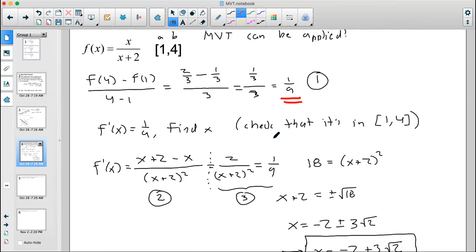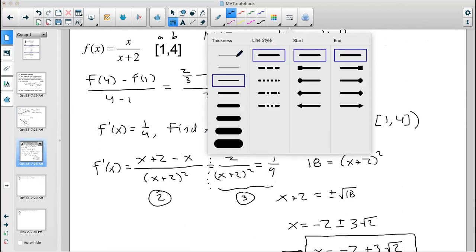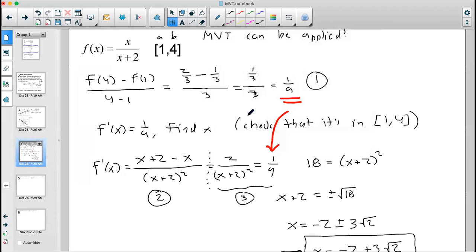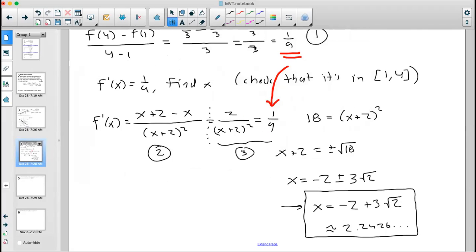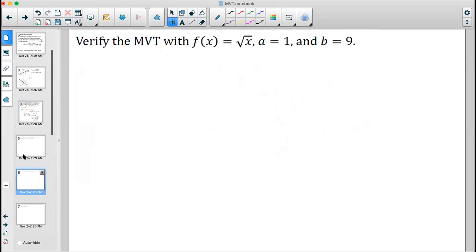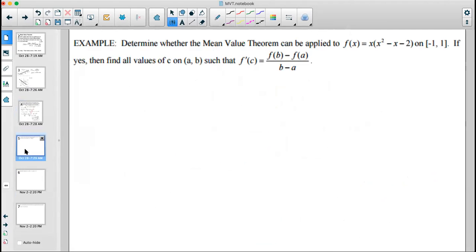Remember this number here goes right there. And then, I don't know if step 3 is set it equal and then solve for x, but the last step is to solve for x and make sure that the ones you get are actually in the interval that you want. That's how we do this. Everything beyond this is just more of the same.